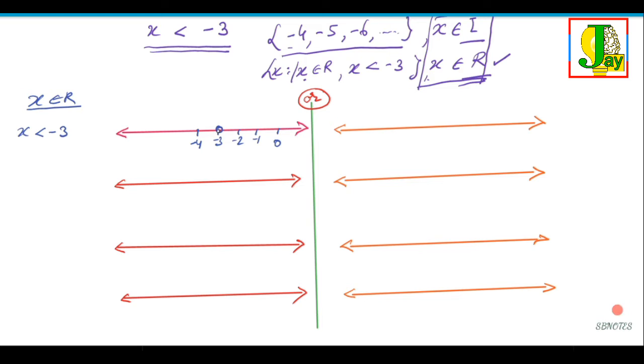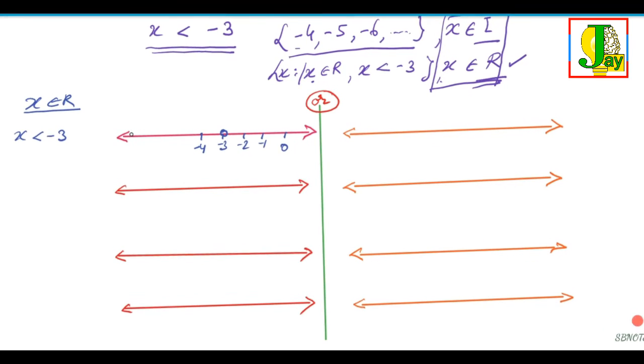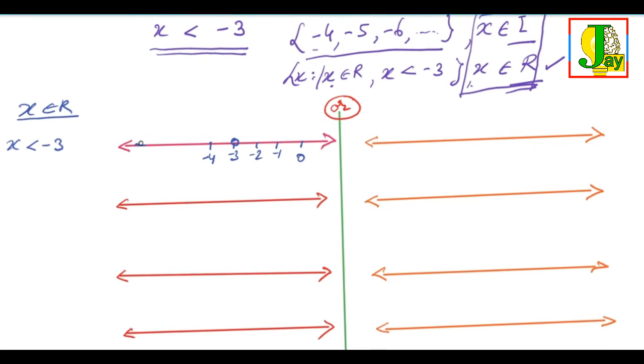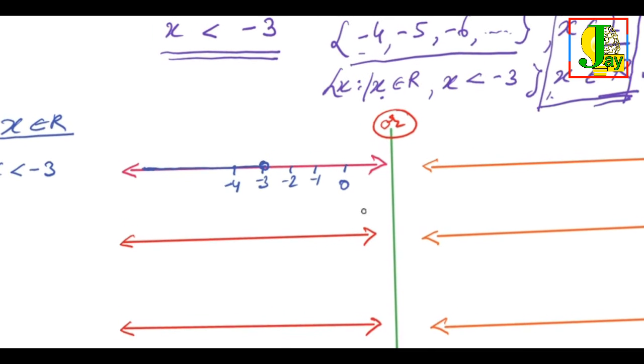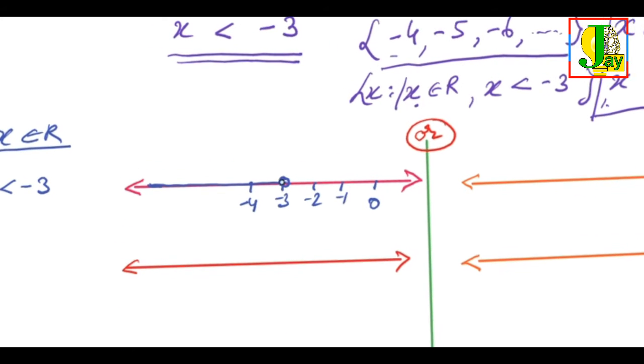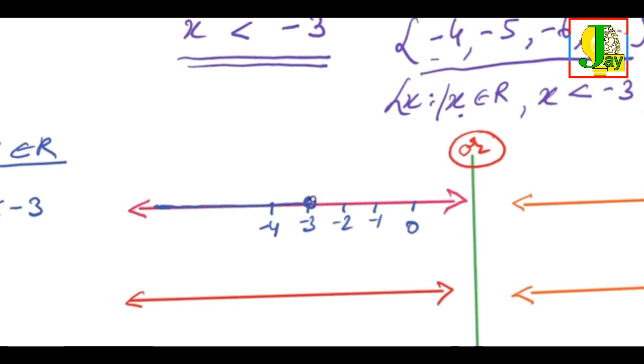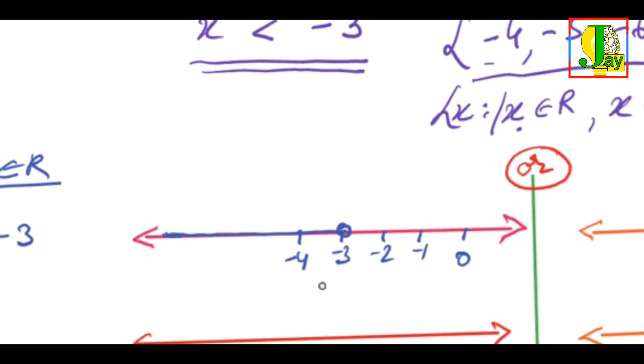So here we will draw a circle with a white part visible in the middle, like a hollow circle, a ring, and we will draw a line like this, and this hollow ring should be visible.